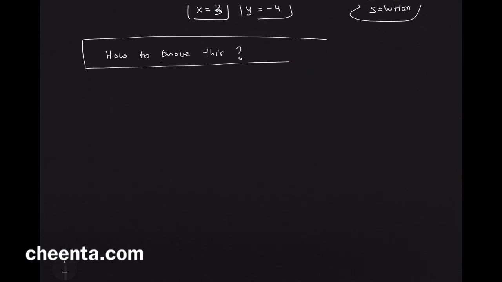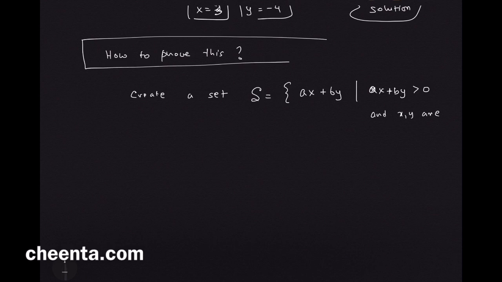We create a set S which contains all the numbers of the form ax plus by such that ax plus by is greater than 0 and x and y are integers.